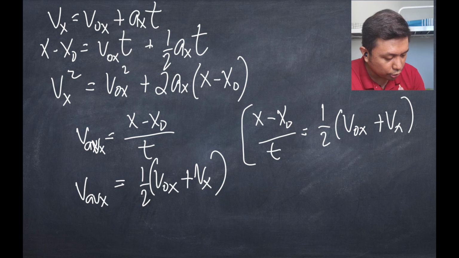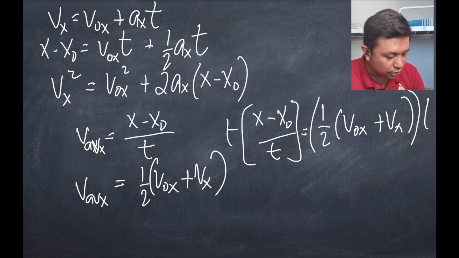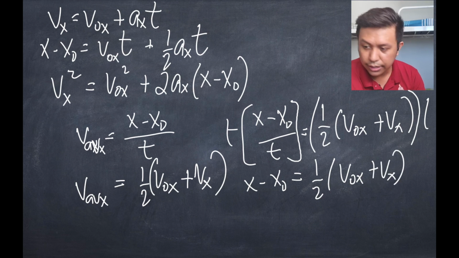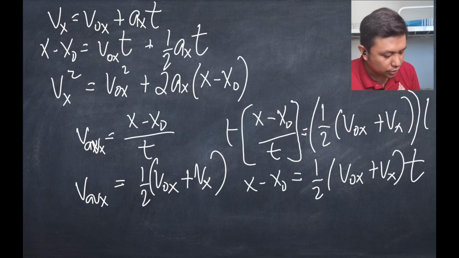Since these are both the average velocity, we can equate them. So we have x minus x naught over time equal to 1/2 times v naught of x plus vx. Multiplying both sides by time, we now have x minus x naught equal to 1/2 times v naught of x plus vx, times time. This is now our fourth kinematics equation.